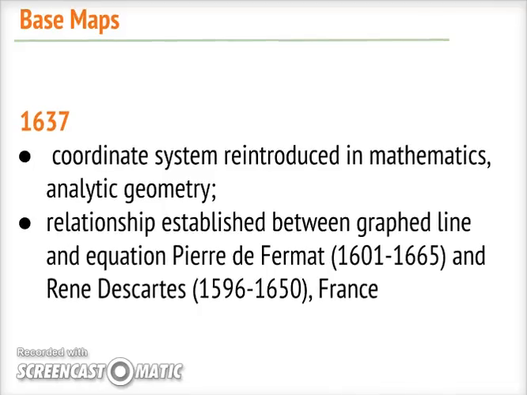In 1637, the coordinate system was reintroduced in mathematics, analytical geometry. The relationship was established between a graphed line and an equation. So that's how we get our map.